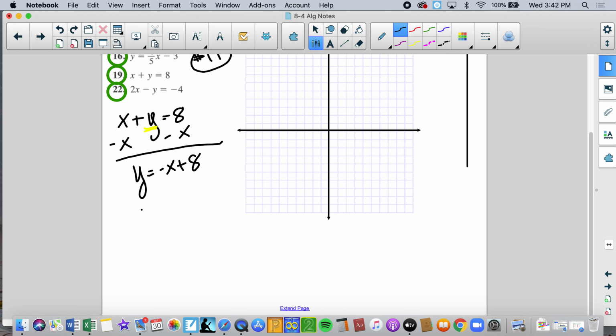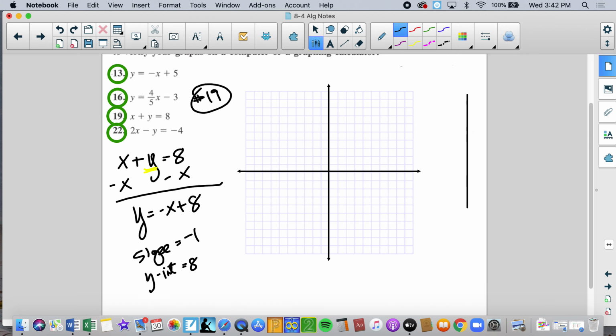All right, what is my slope? My slope is -1, and my y-intercept is 8. So I'm going to graph my y-intercept, which is 8, and then my slope, which is -1 over 1. -1 as a fraction is -1 over 1. 6 as a fraction is 6 over 1. 10 as a fraction is 10 over 1.